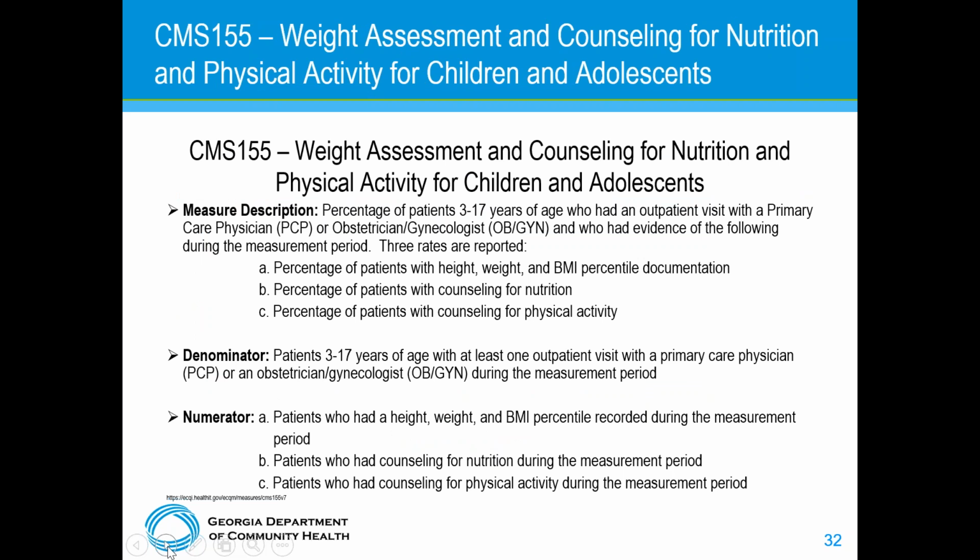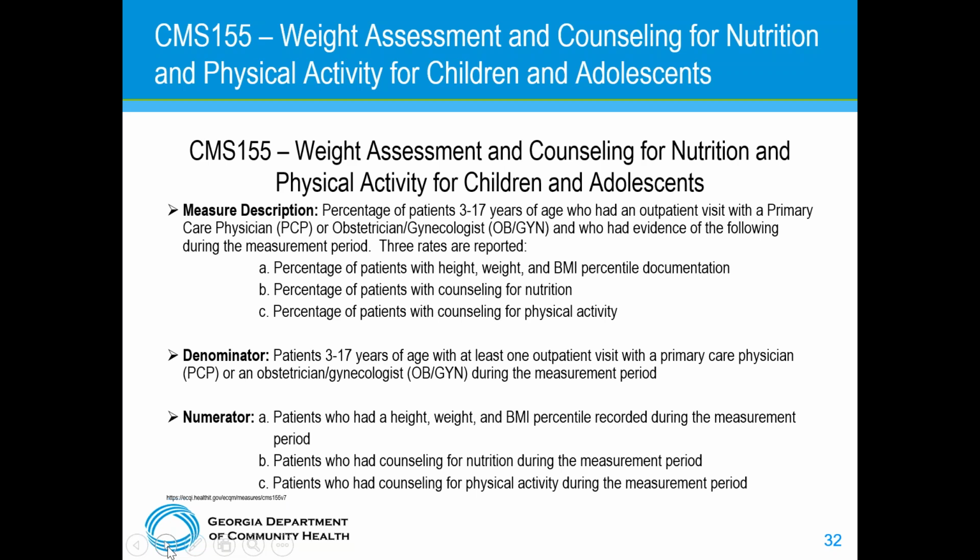So our last measure that we're going to do a deep dive into is CMS 155, the weight assessment and counseling for nutrition, physical therapy, or physical activity for children and adolescents. Now this measure is one of the more difficult measures to trend and track. We have 3 different patient populations that we're looking for.